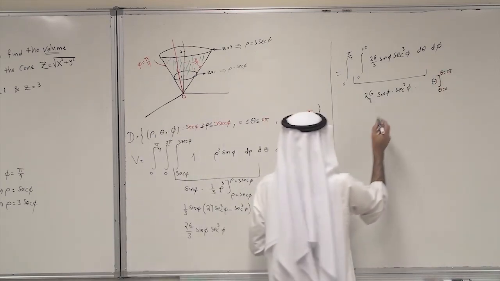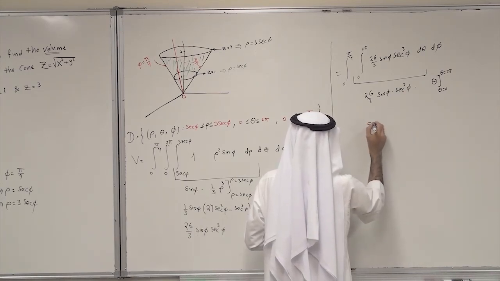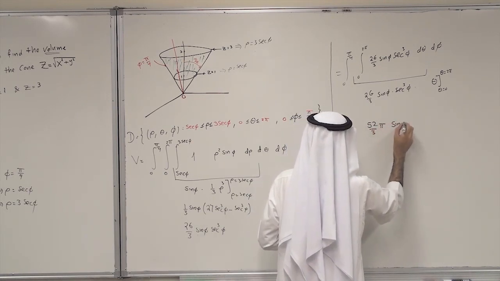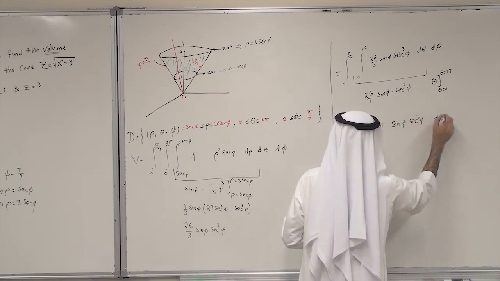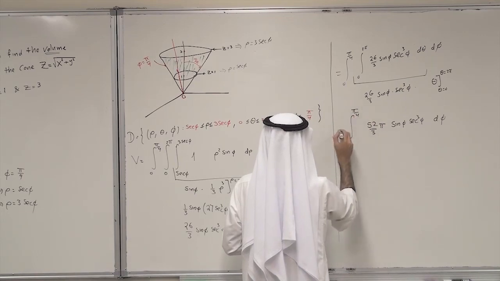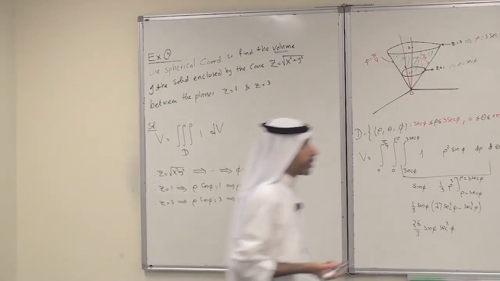So this becomes 2 pi times 26 over 3, which is 52 over 3 pi, times the integral of sin phi secant cubed phi d phi from 0 to pi over 4. Now we integrate with respect to phi.